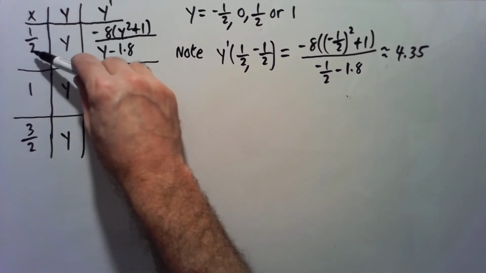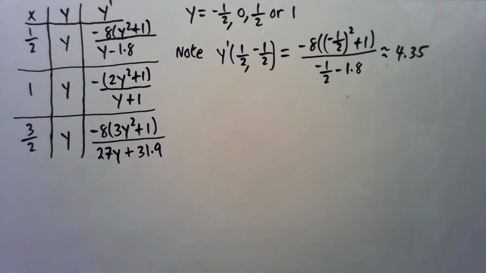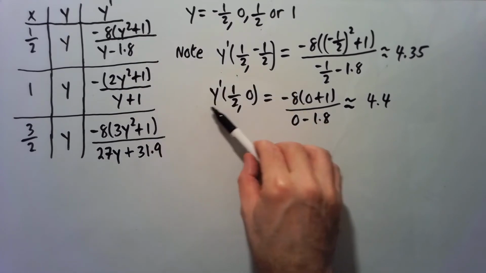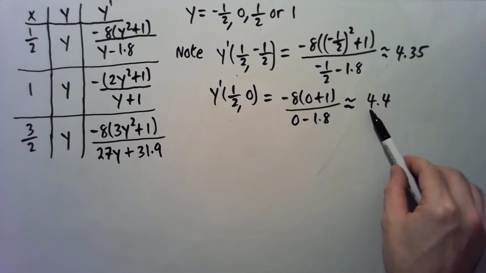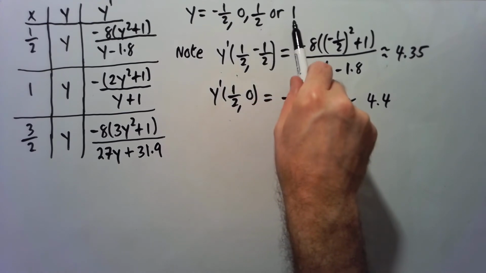Okay, so let's do all the ones when x is a half. The next will be 1/2, 0. So now putting 0 in place of y here and here, we're looking at y prime of 1/2, 0. You can check it's roughly equal to 4.4. Okay, let me do the 1/2 and 1 next.